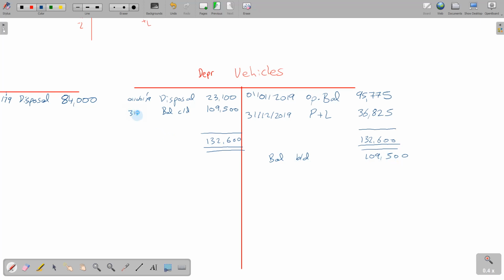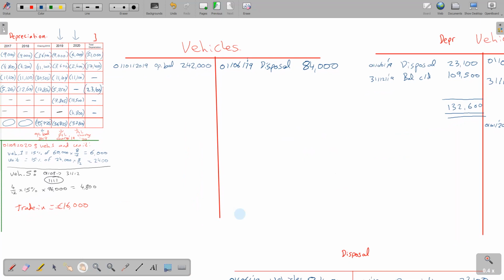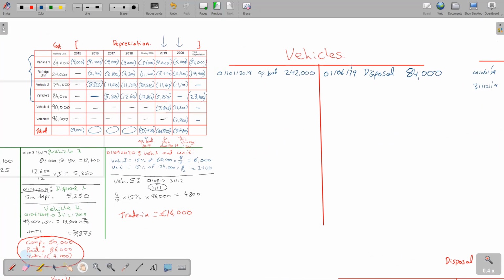For the end of the year, this is for the opening of the year 2020. Vehicles. So when we dispose of the vehicle, we got a new vehicle of 90,000. So this will go up here by 90,000, the 1st of the 6th, 19.